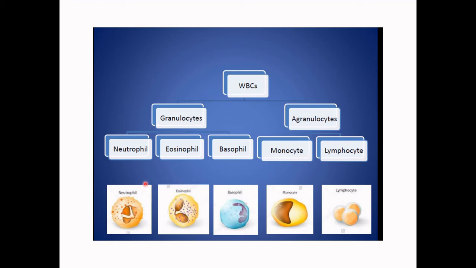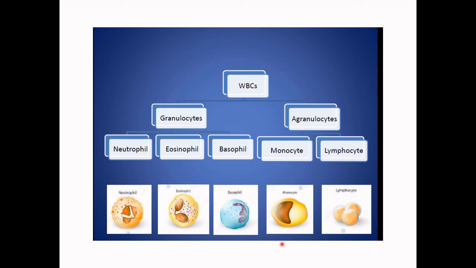Here you can see in these images, if you look carefully, these neutrophils have certain granular things in this particular part. These are the granules present in neutrophils, eosinophils and basophils.